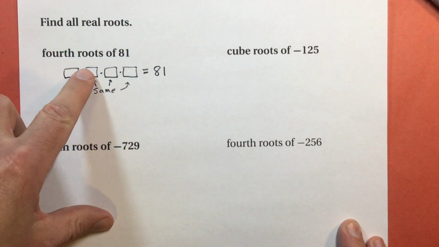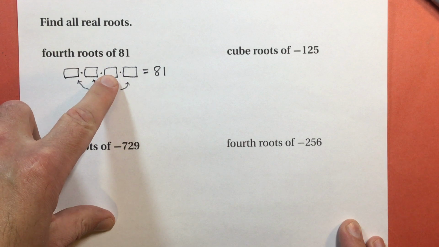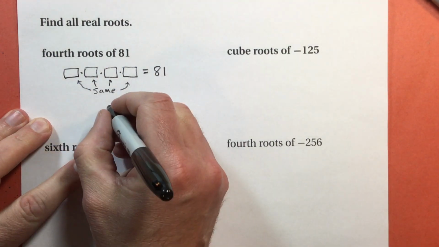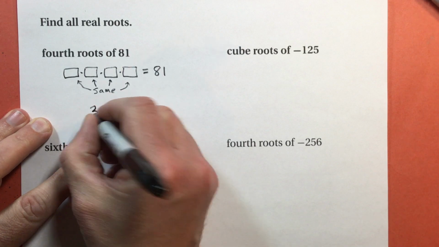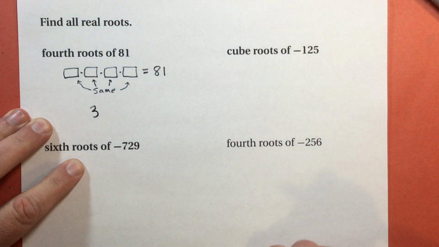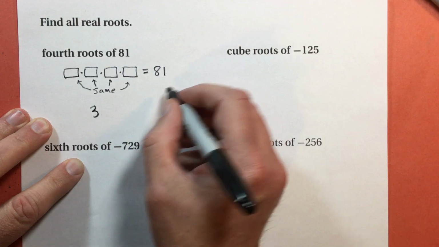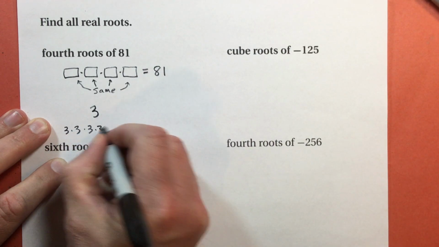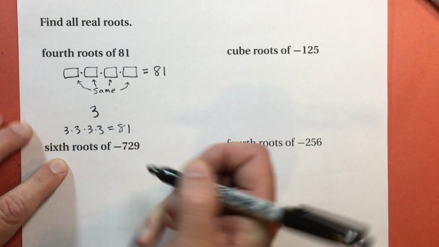Or 3 times 3 times 3 is 27, times 3 more is 81. So this is going to be 3. So the fourth root of 81 is 3, because 3 times 3 times 3 times 3 equals 81.